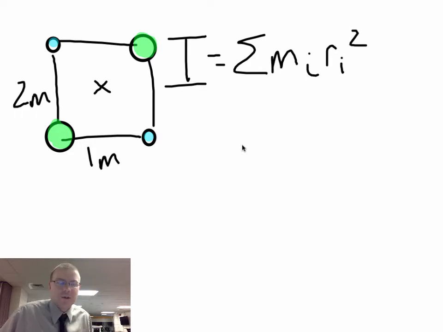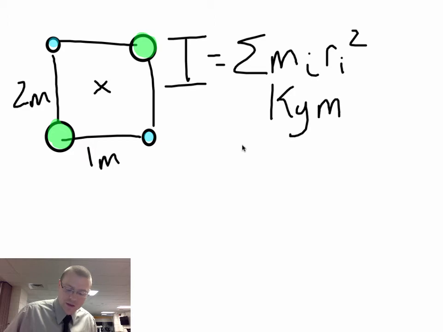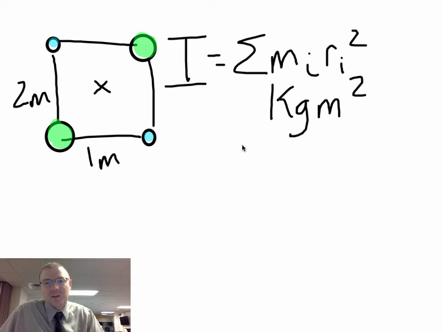And we square the distance for each of the masses to calculate their moments of inertia. Units for this are going to be kilograms for mass and meters squared for squaring the distance from the axis. So kilograms meters squared is your new mass equivalent for rotating inertia.